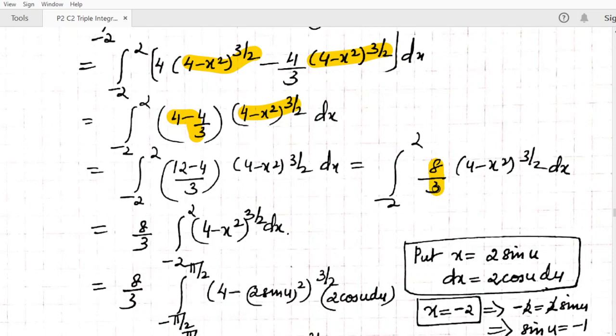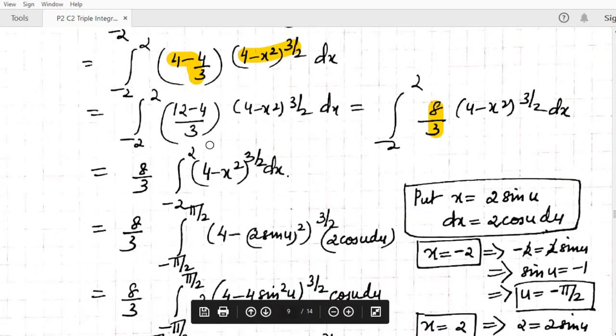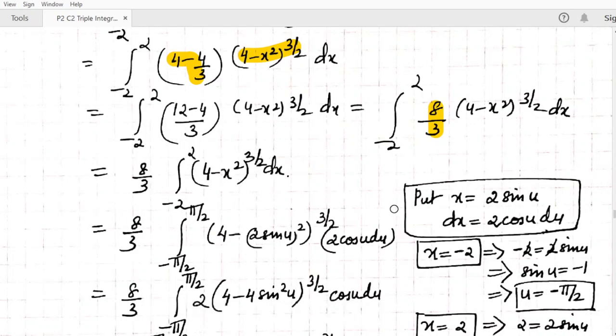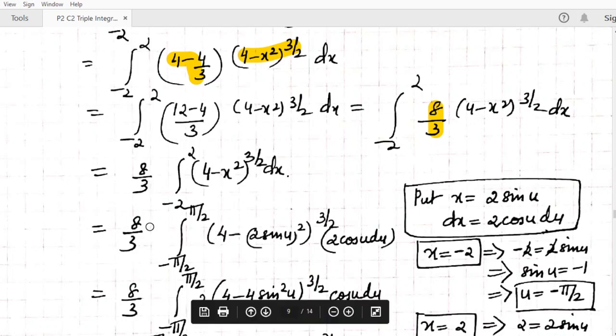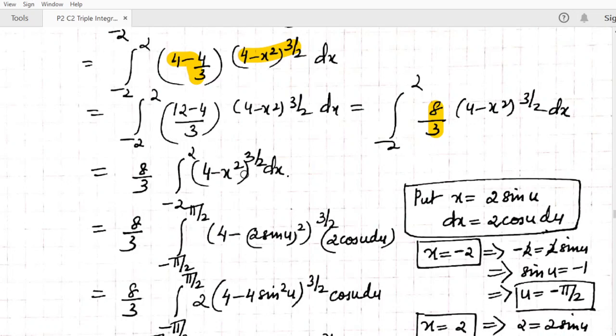So here 8 by 3 is constant, we can take it outside. We get 8 by 3 into integral minus 2 to 2 of (4 minus x square) to the power 3 by 2 dx.